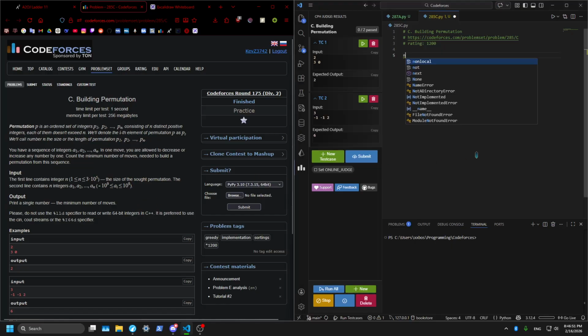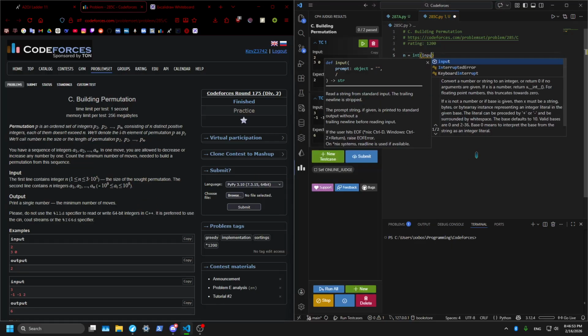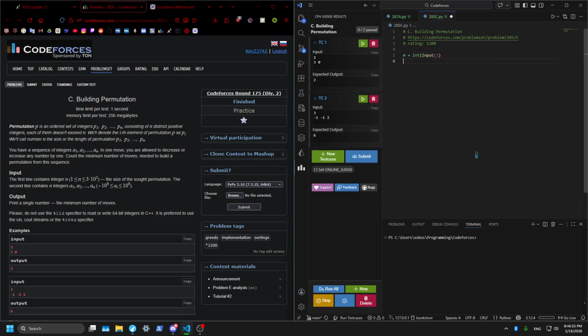So n equals int input. A equals map int input split.